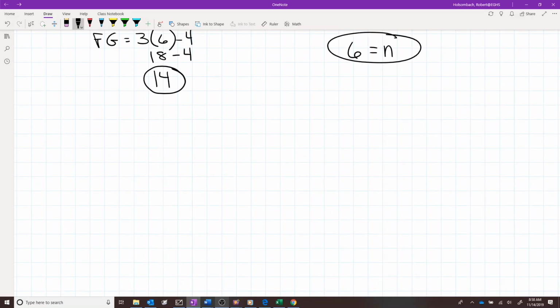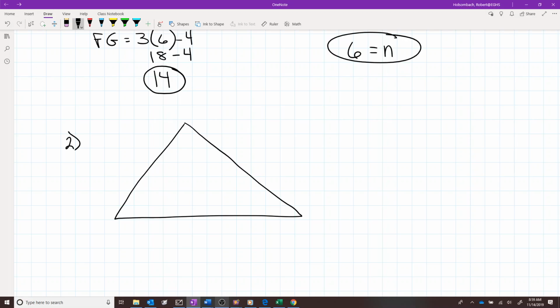Alright, number 2 on that short answer. It gives you the measure of angle A, angle B, and angle C. List the sides of triangle ABC in order from shortest to longest. So on this problem, you've got a triangle with vertices ABC. You're given each of the angle measures.